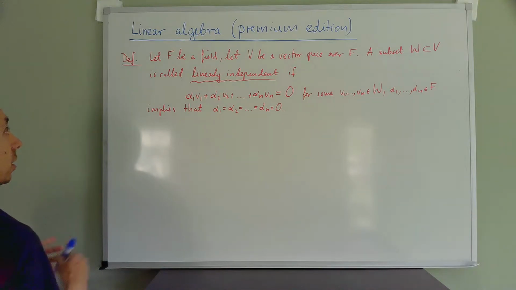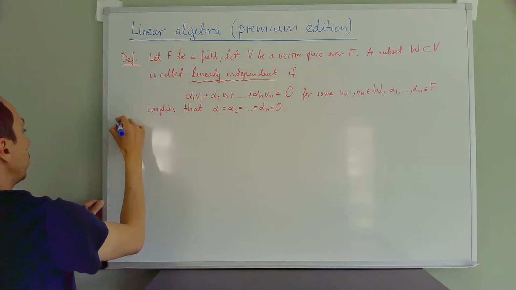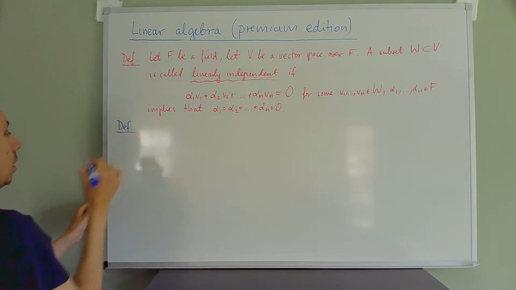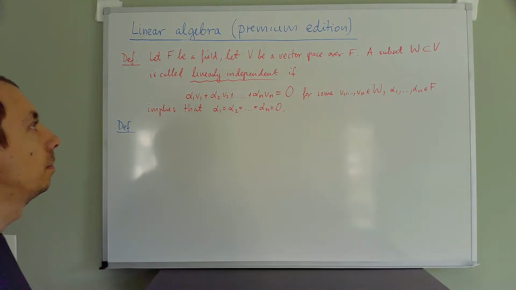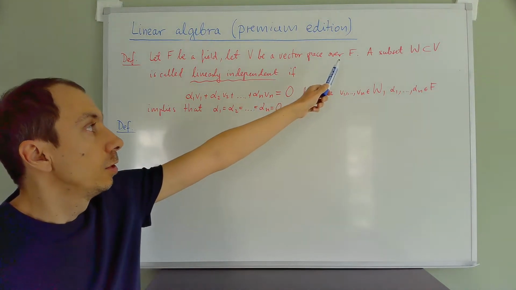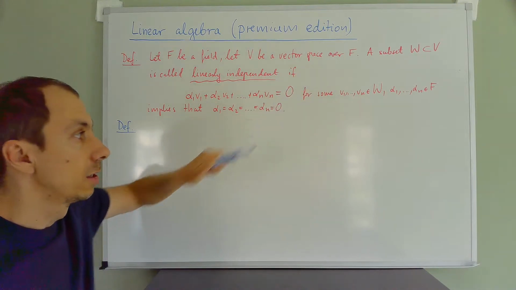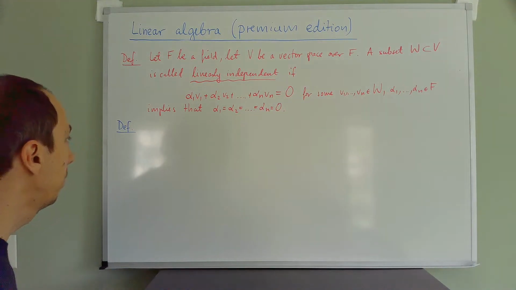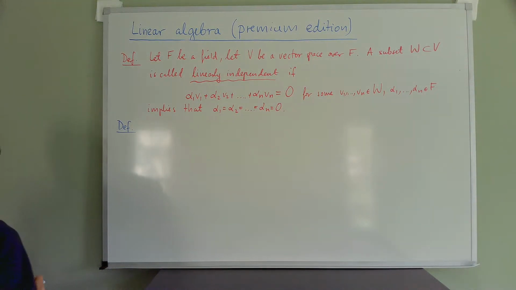That's the identical definition from the one you know already from linear algebra. The only difference is again that the scalars, the alphas, come from F, from that field that we fixed.